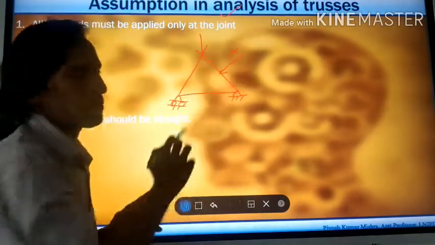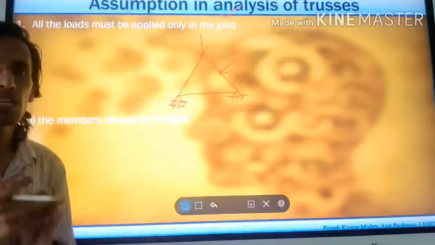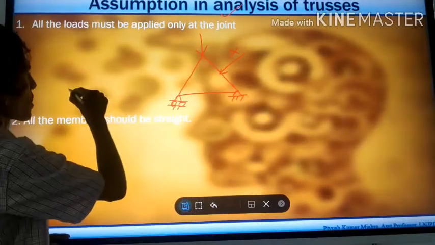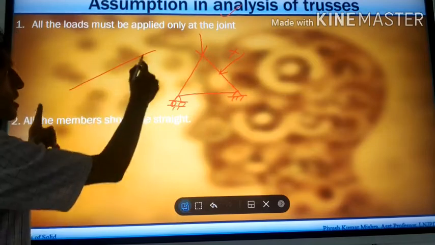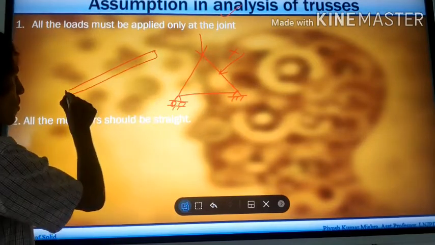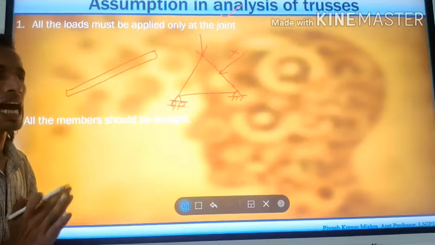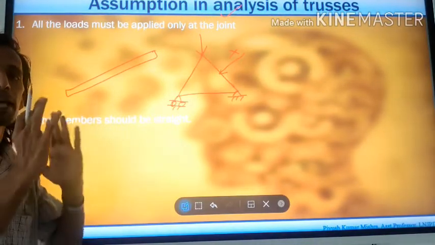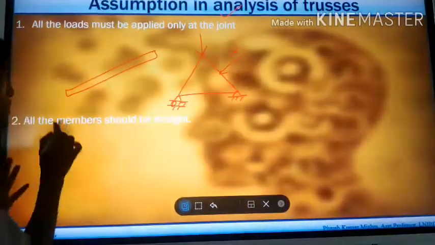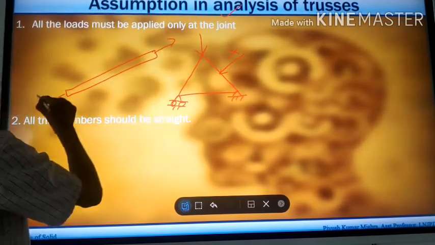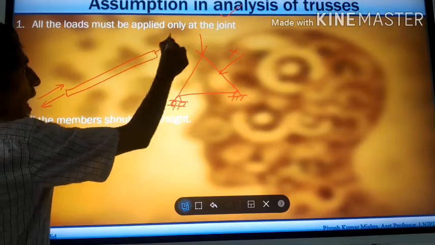You cannot apply load here. Why can't you apply load here? Because in trusses, if this is a truss member, there can't be bending, there can't be torsion, there can't be any shear. There should be only axial force.